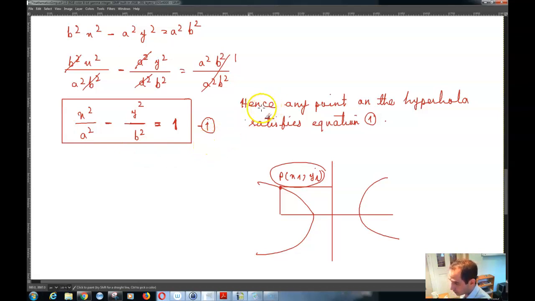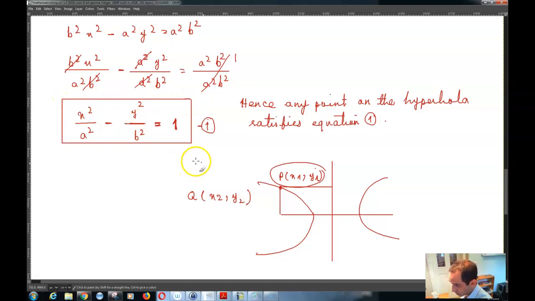But I still cannot use this equation the other way around. Meaning that, for example, if I have some random point, for example, Q as x2, y2, I should be able to substitute this point in this formula in order to check whether this point is actually on the parabola or not. But still I don't know whether this formula would be good enough to do that for me or not.